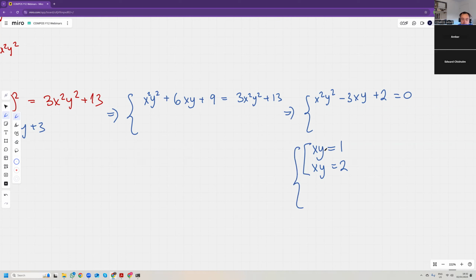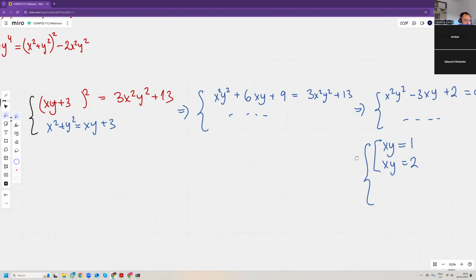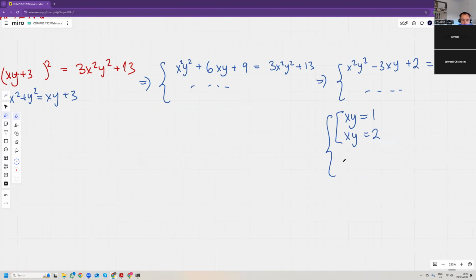Okay, and then at the same time, we just copy the last equation. So x squared plus y squared is xy plus 3.